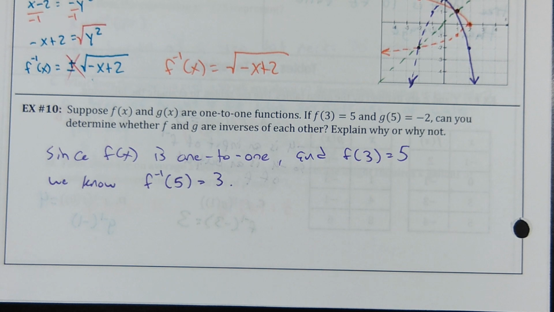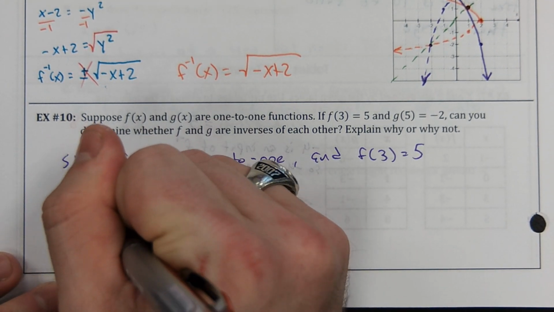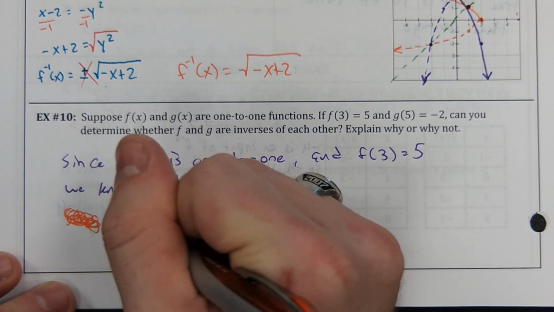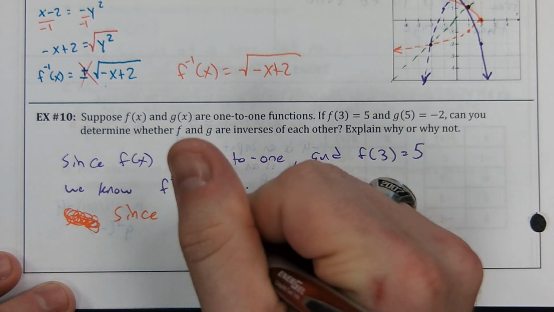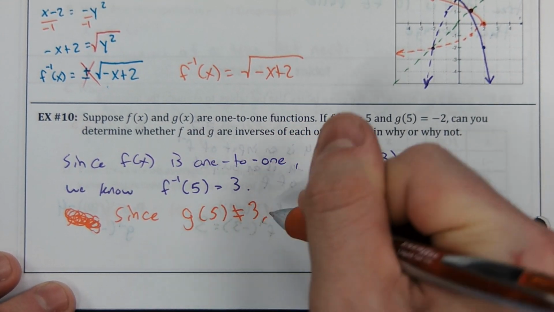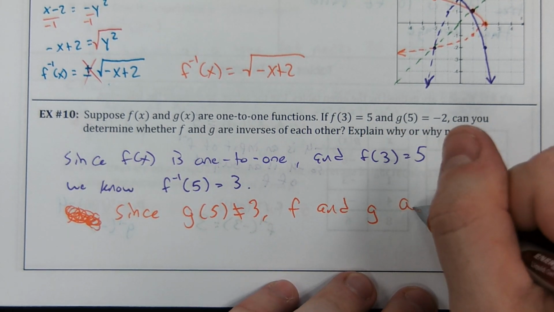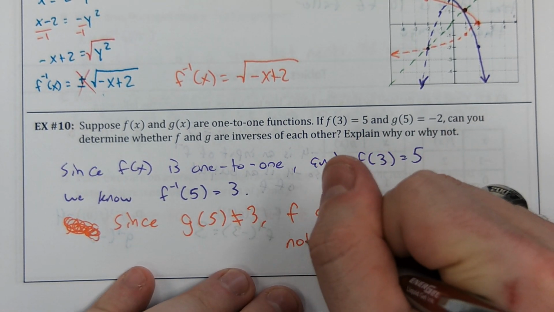And then Graham said, since g of 5 isn't 3, f and g aren't inverses. Perfect. Since g of 5 is not equal to 3, f and g are not inverses.